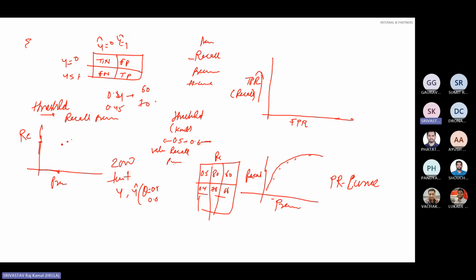This way you can plot all the points for all the values of threshold from 0 to 1. There is one function for this. Then you join the points. This graph is known as the precision recall graph, the PR curve.